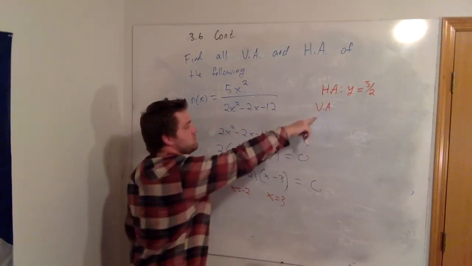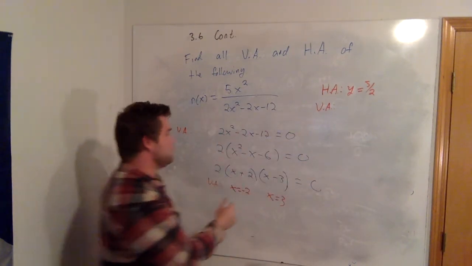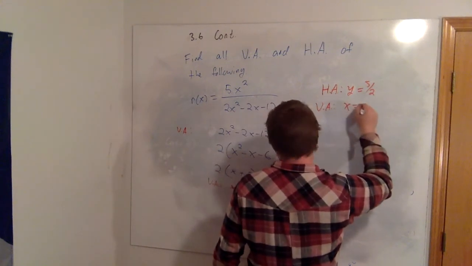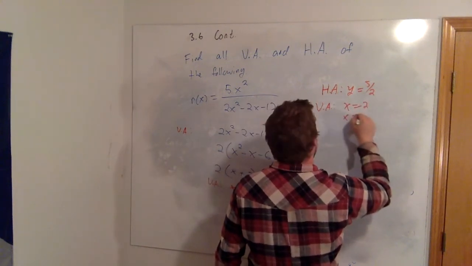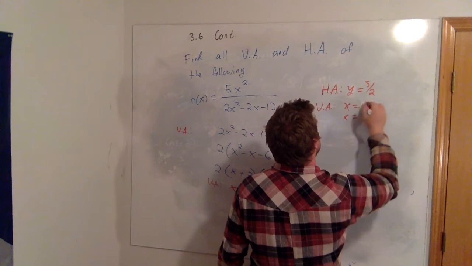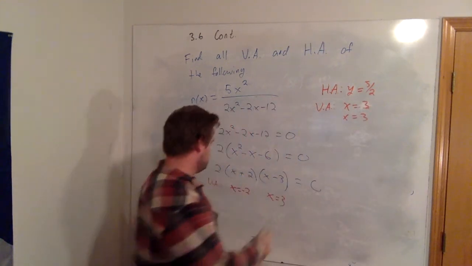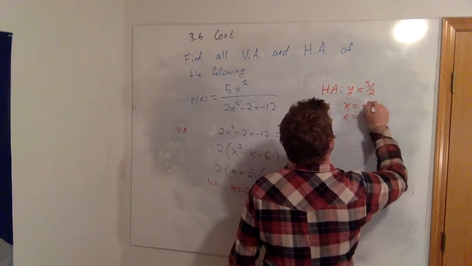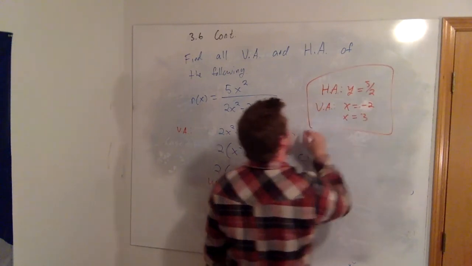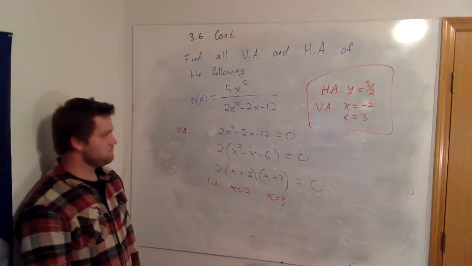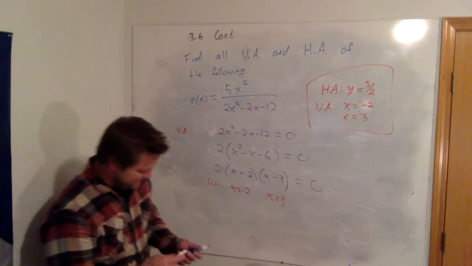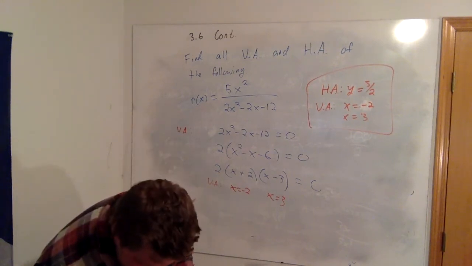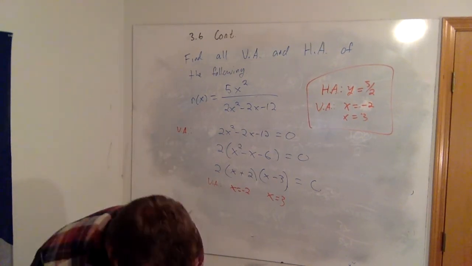That'd be the horizontal asymptote. Our vertical asymptotes will be when x equals negative 2 and when x is equal to 3. So there's our horizontal asymptote and there's our vertical asymptotes. Okay, let's do another one.